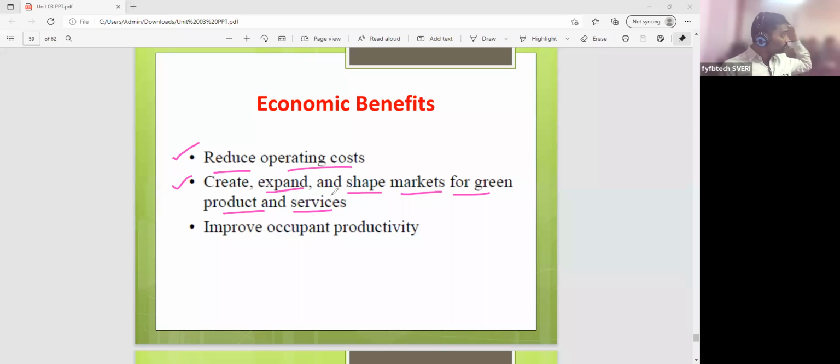If you are using the green building concept, then green building techniques, green building products and green building services are available in the market. So this will expand and shape the markets for green building products and services. Then it improves occupant productivity. How much percentage? 16%. Okay, it will improve.